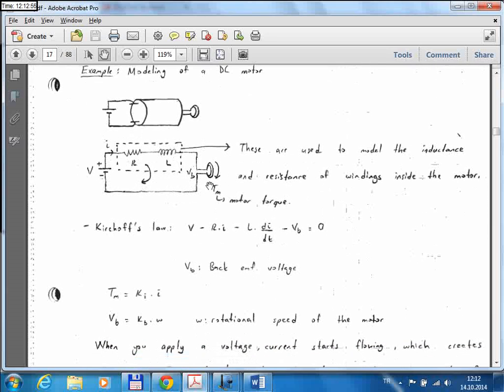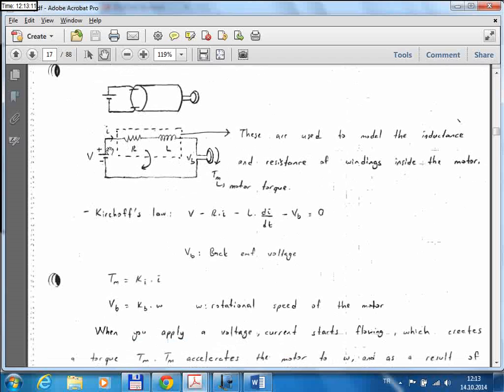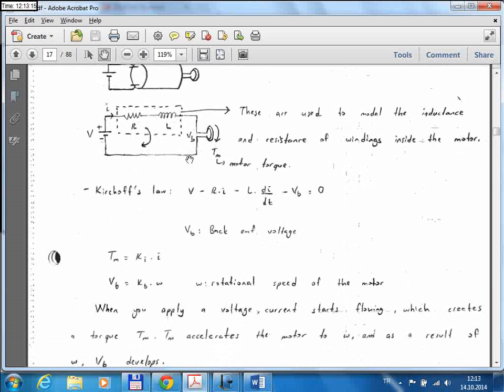And when the motor is rotating, there is a potential difference which is called the back EMF voltage. There is a potential change across this rotor. That is called VB here. These are the basic elements in the circuit. So we write Kirchhoff's law.